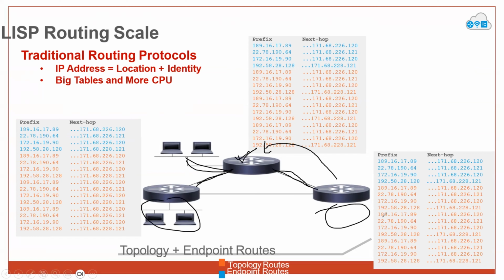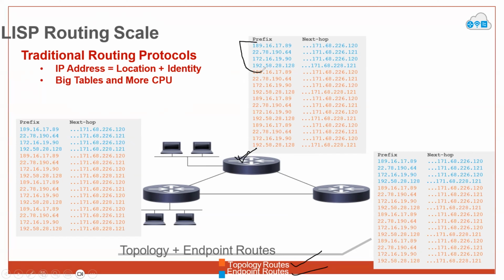That's why you will see in the diagram that we have two types of arrangement here. One is the topology route, one is the endpoint route. Endpoint route means my own connected network. Topology route means I am learning from some other place. Now the IP address: it has a location and it has an identity.